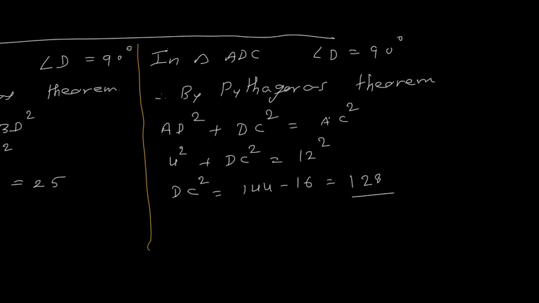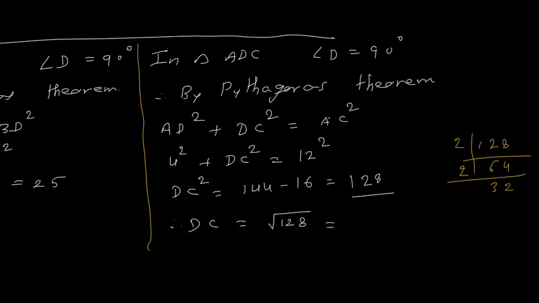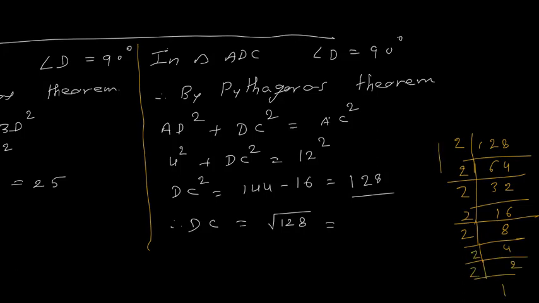Therefore, the value of DC is root of 128. Now, what is root of 128? For that we factorize this 128. 2 sixes are 12, 2 fours are 8, then with 2 again, 2 threes are 6, 2 twos are 4, 2 ones are 2, and so on down to 2 and 1. So we have 1 pair, 2 pairs, 3 pairs, and one 2 is remaining.